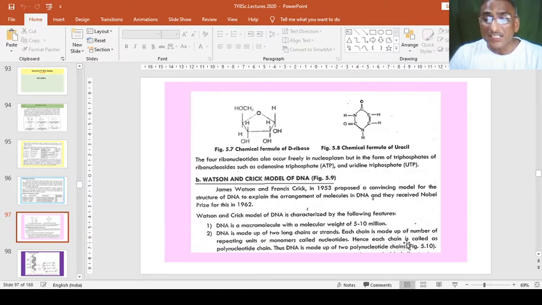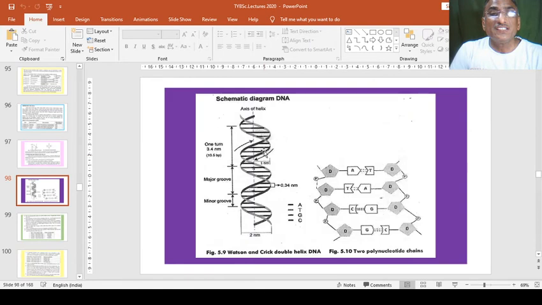Hence, each chain is called a polynucleotide chain. Thus, DNA is made up of two polynucleotide chains. We will see in the figure, these are the two strands, double-stranded DNA.